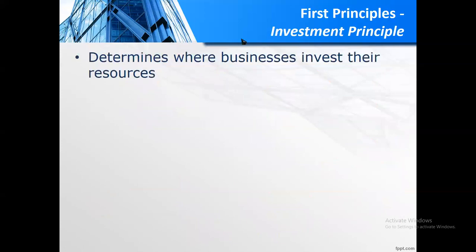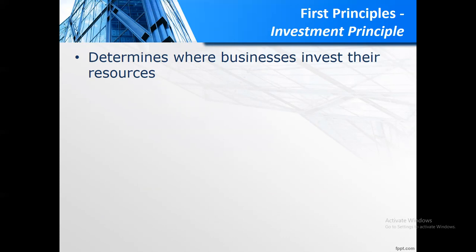So let's review this quickly. For the first principle, guys, let's briefly review this. The objective is to determine in which businesses the company should post its resources. Where will they invest? Is this a particularly good industry to invest in? Or is this equipment? If we're talking of the mother company, the mother company will decide in which industries the firm will invest.